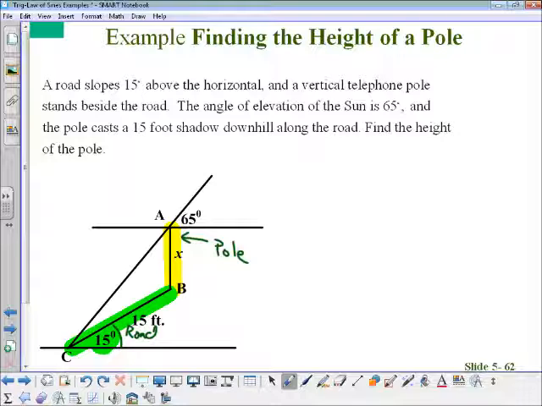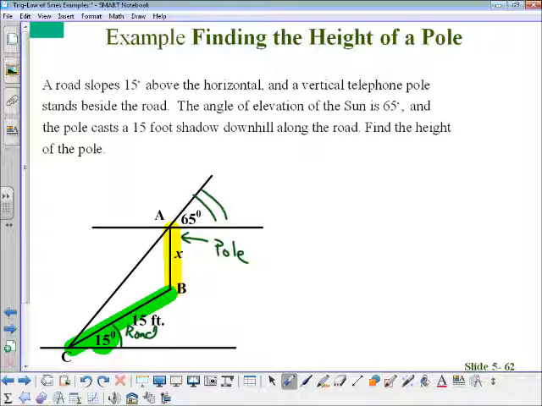Now the sun is at an angle of elevation of 65 degrees, which is up here. Okay, that's helpful for a couple reasons. First of all, notice whenever you're given a pole, you should assume it's going straight up and down, not perpendicular to the road, because then it would go out at an angle since the road's slanted.